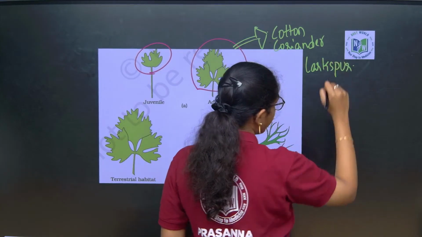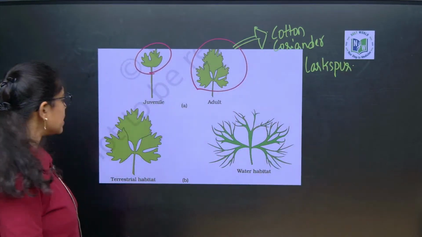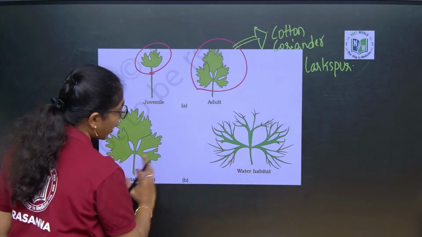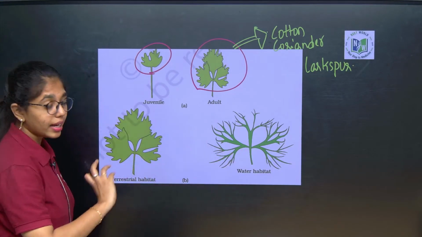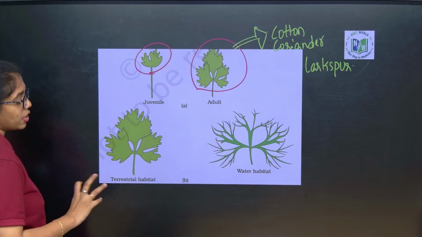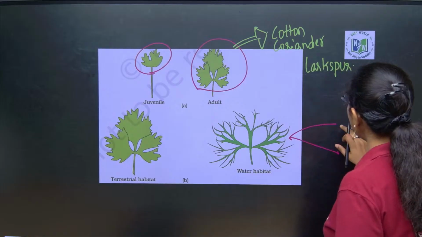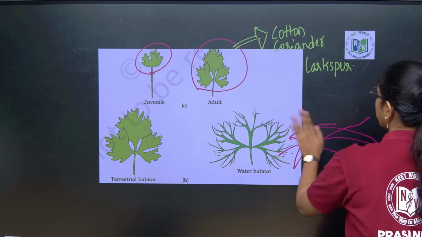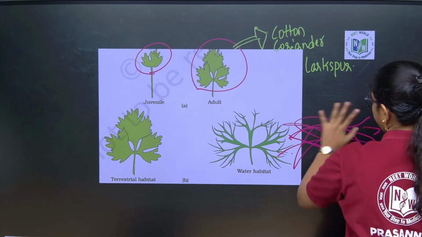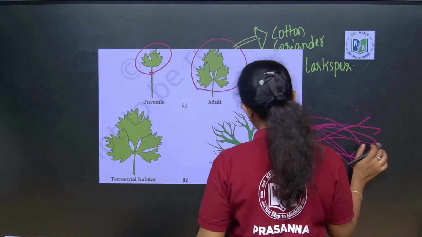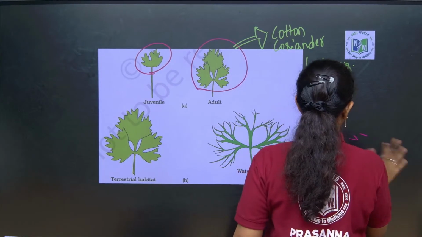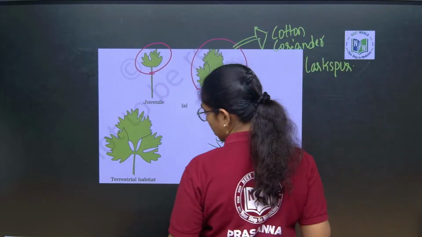Based on the environment, you see different structures of the leaf in terrestrial and water habitats. The best example is buttercup.